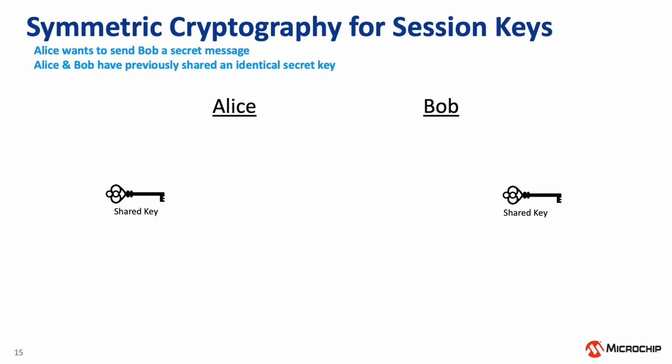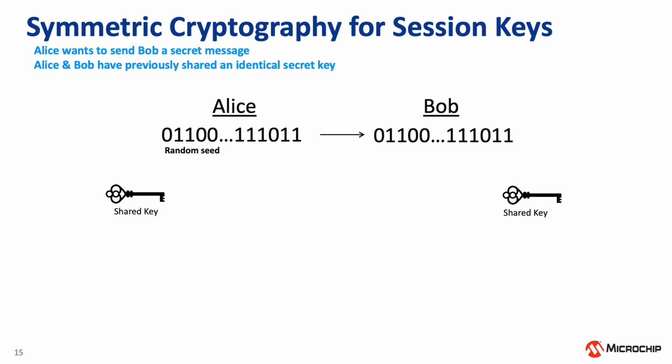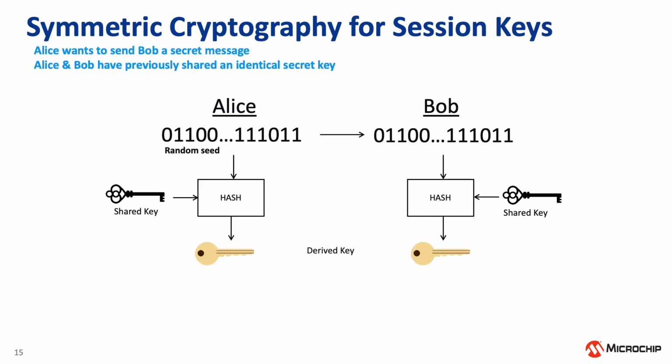So, symmetric cryptography for session keys. Let's say Alice wants to send Bob a secret message, and Alice and Bob have previously shared an identical secret key. So Alice sends a random seed to Bob, a random number. They both hash this random number with the shared key that they both have, and they create this derived key.